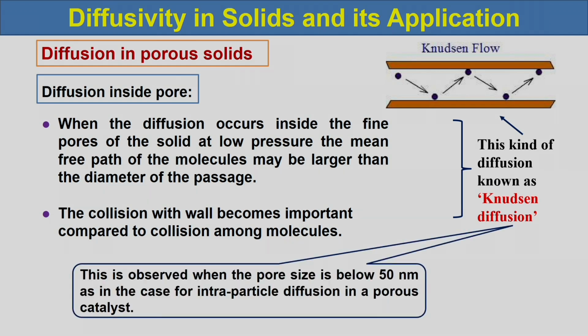This is observed when the pore size is below 50 nanometer, as in the case of intraparticle diffusion in a porous catalyst. So, when the diameter of the pore is smaller than 50 nanometer, Knudsen diffusion becomes predominant.